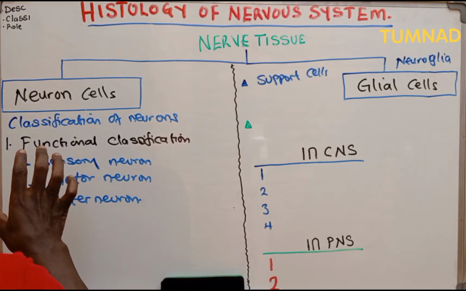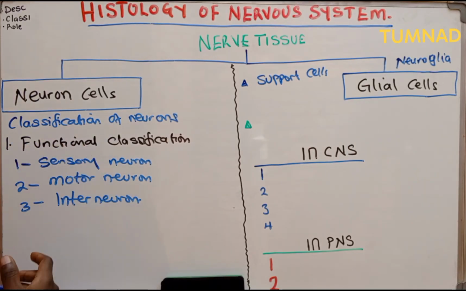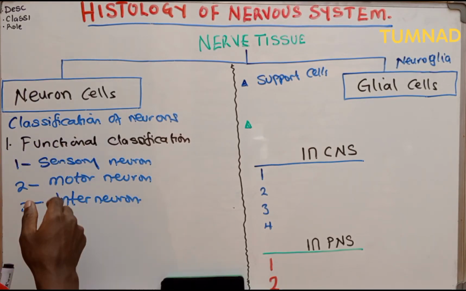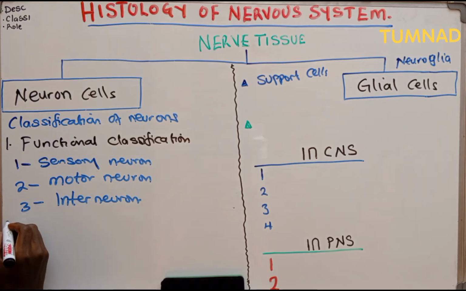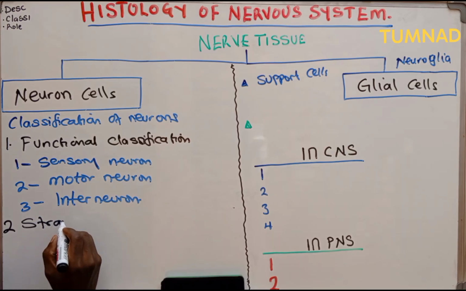So these are the classifications of neurons based on function. Now the second one is structural classification.